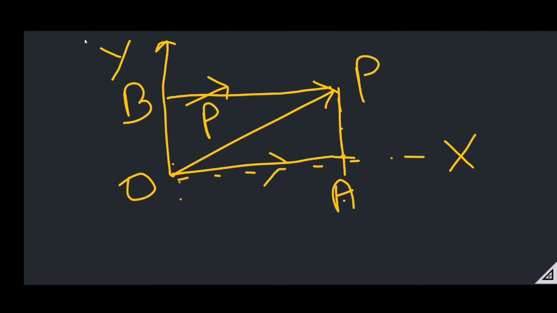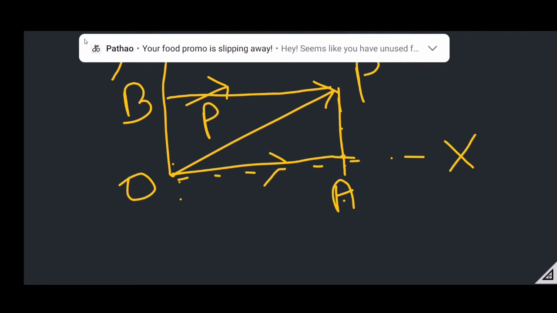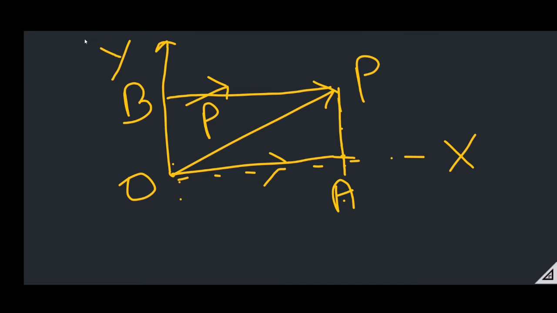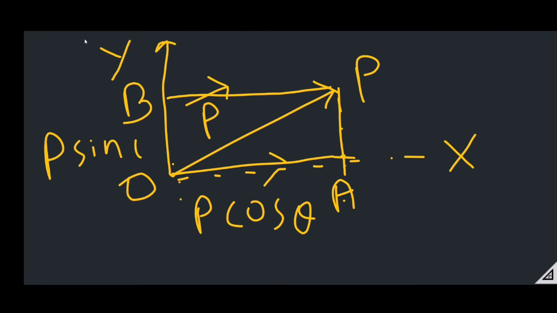OA is the horizontal component of the P vector, and OB is the vertical component. OA is P cos theta, the horizontal component, and OB is P sin theta, the vertical component.